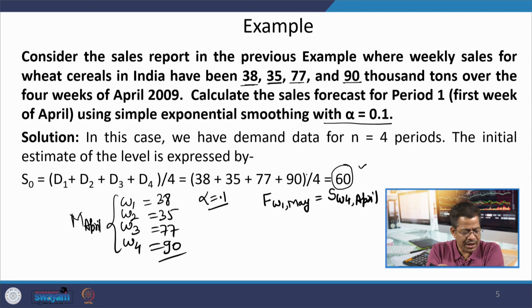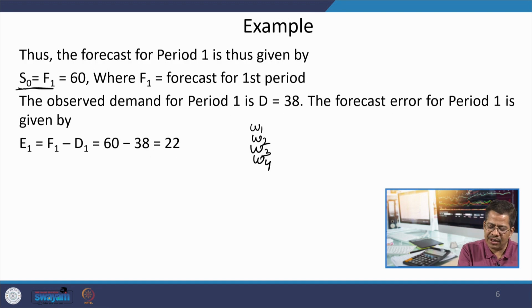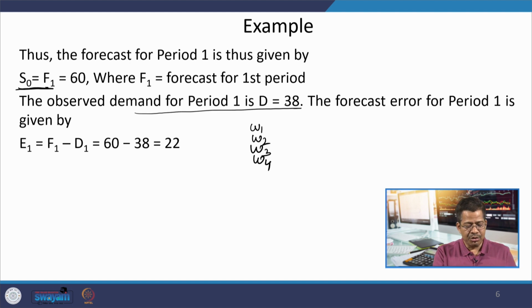So, this is the calculation of the initial base. This initial base is the forecast for the first period, and the actual demand for the first period is 38. So, you get F1 minus D1 equals 22.